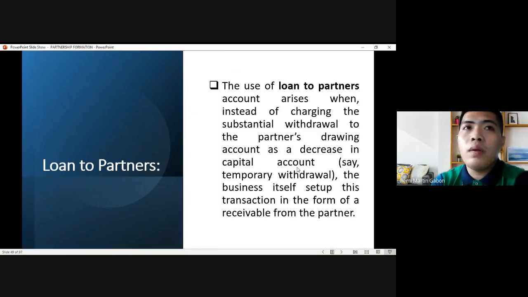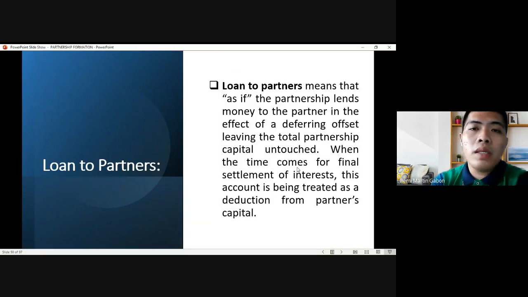So the capital account is being maintained as is, but a receivable account is being set up. That is the loan to partners account. Loan to partners account means as if the partnership is lending something to the partner.